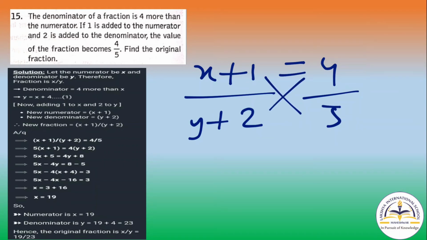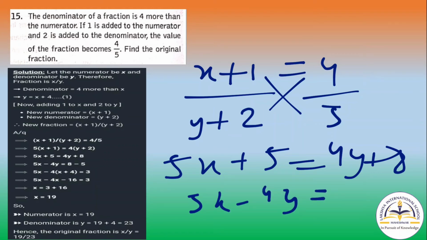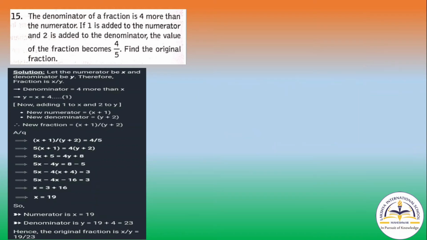It means you will get 5x plus 5 equals 4y plus 8. It means 5x minus 4y equals 3.